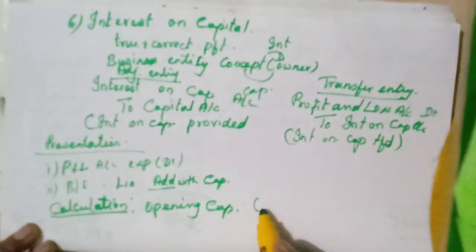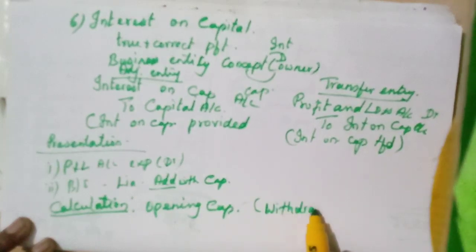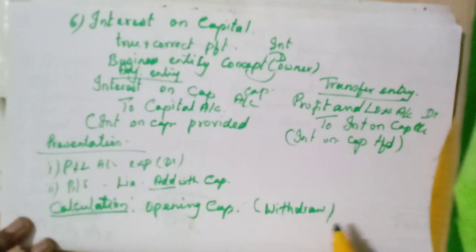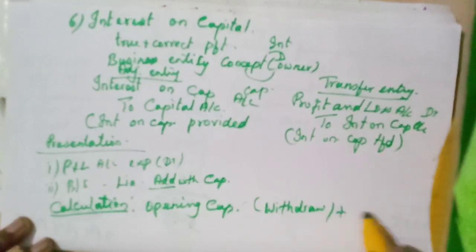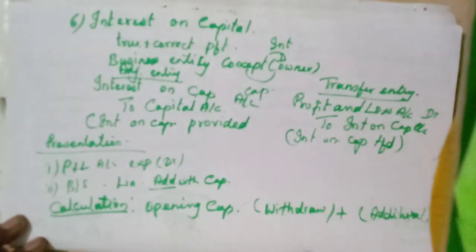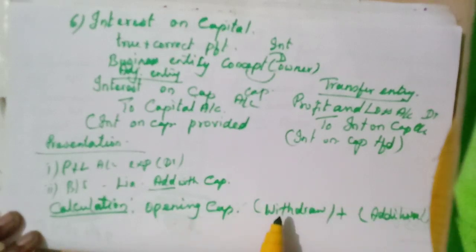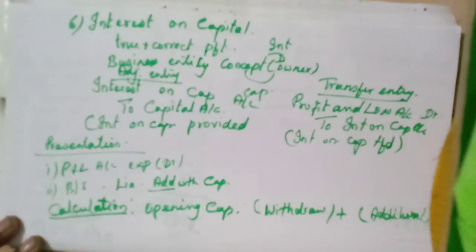Sometimes the proprietor may withdraw or he may add additional capital. He may introduce additional capital. So we need to provide the interest on capital for the additional capital also. So we will see one example given in the book.